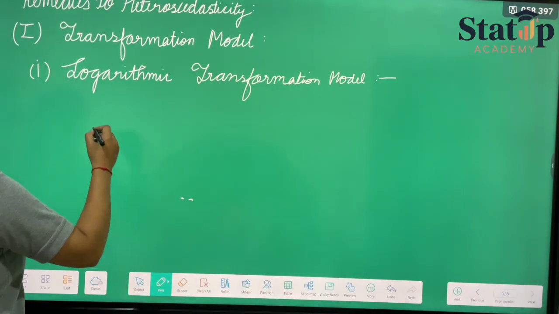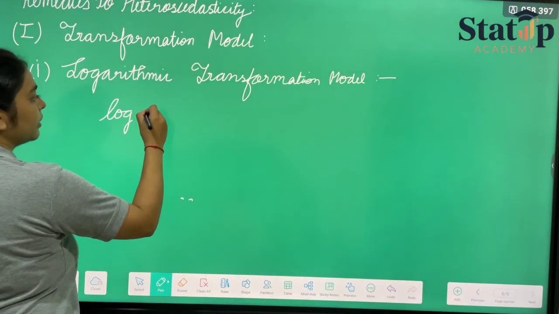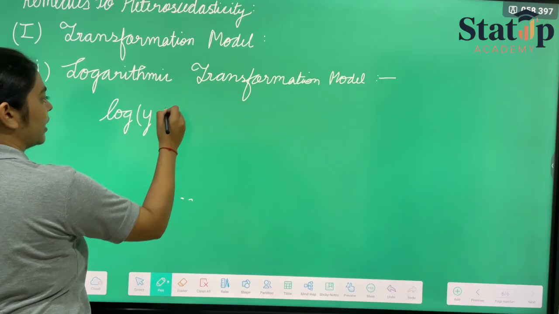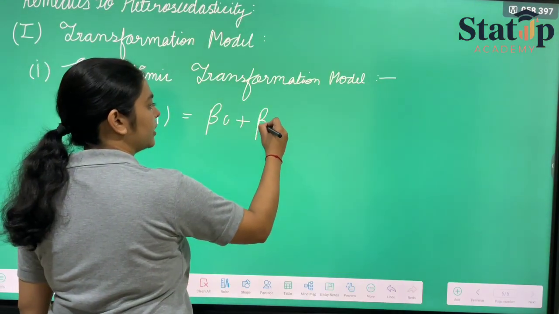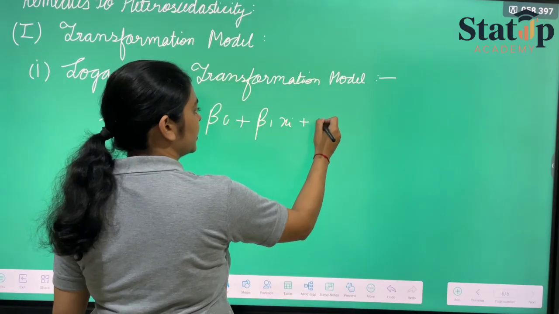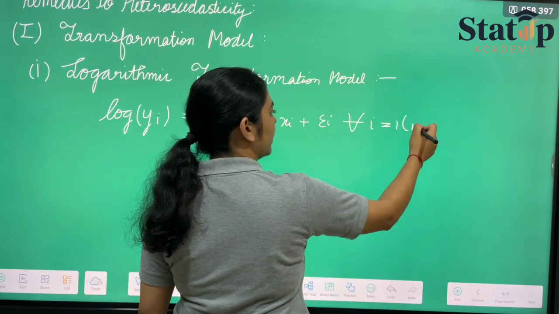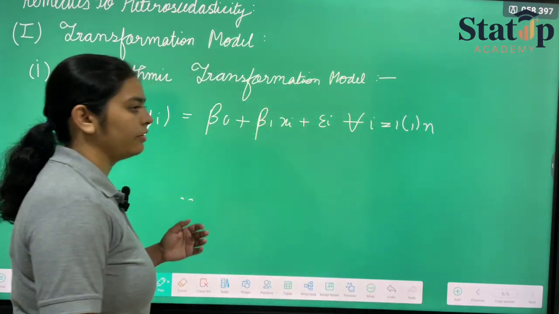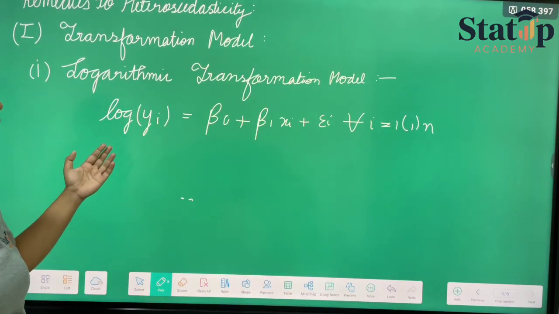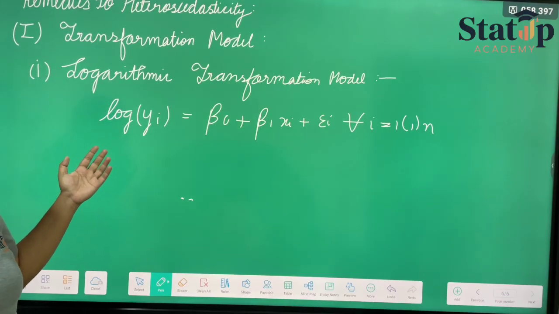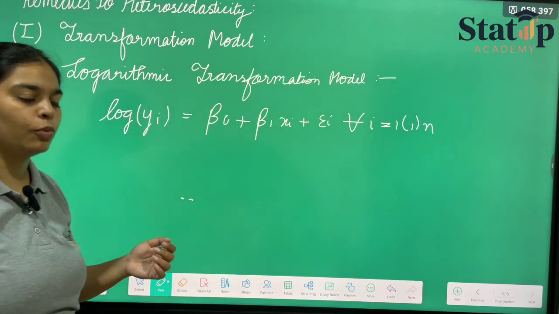So in logarithmic transformation model, we will take log of the dependent variable, log of yi is equals to beta naught plus beta 1 xi plus epsilon i for all i goes from 1 to n. Since log of any value is lower than that value, our variance decreases, and hence this is one of the remedies of heteroscedasticity.